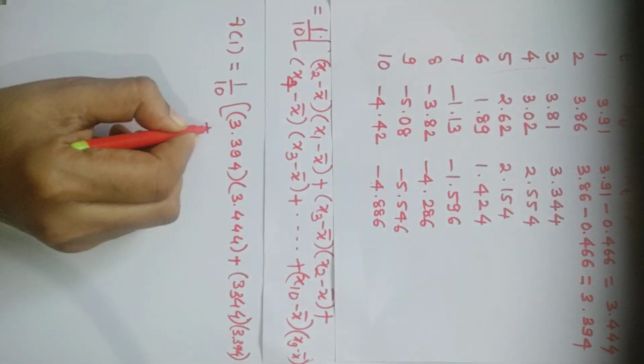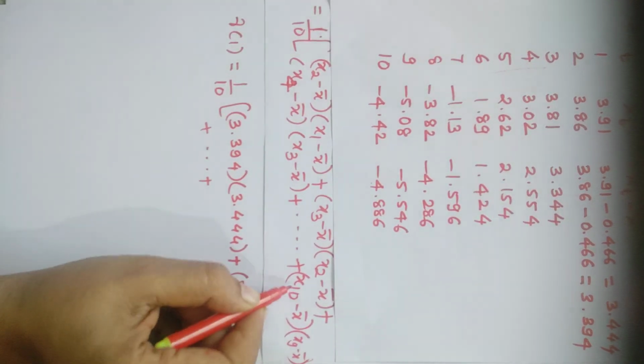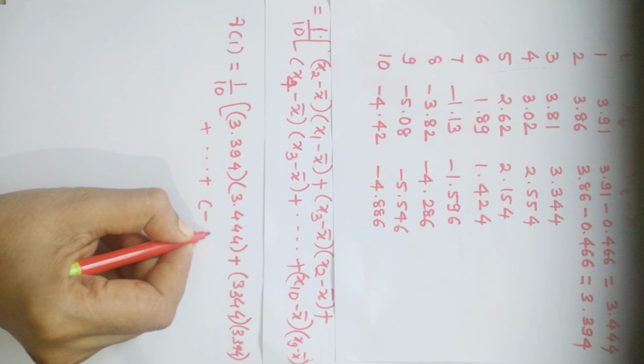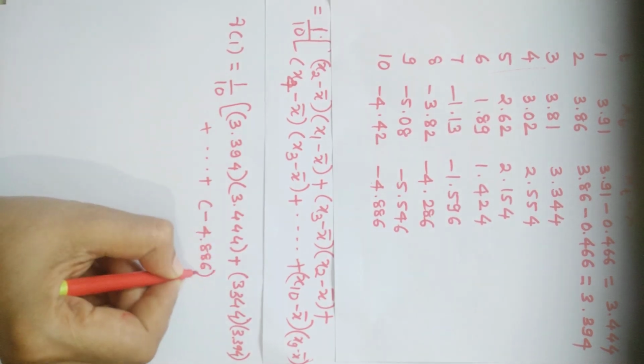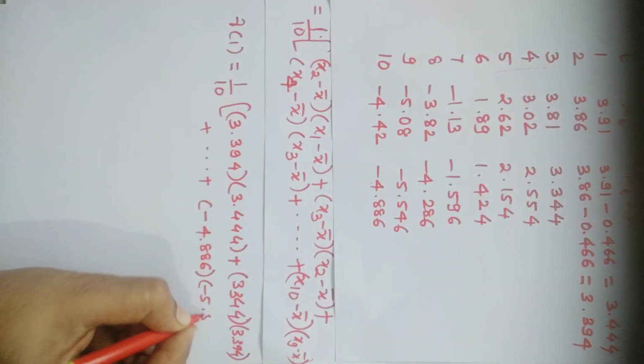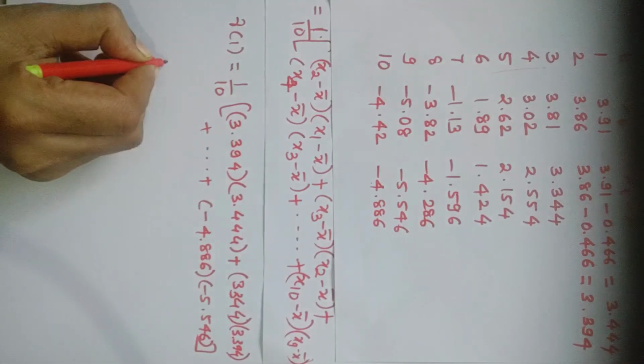So substituting in this way, the last value becomes x10 minus x bar, that is minus 4.886 into x9 minus x bar, minus 5.546. So I have calculated this value.